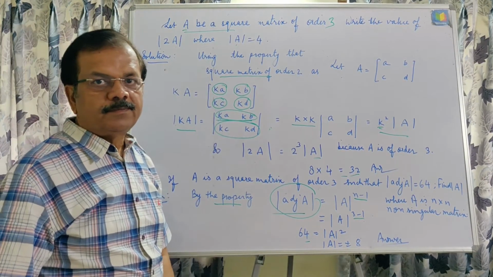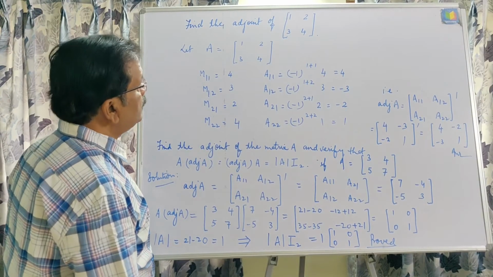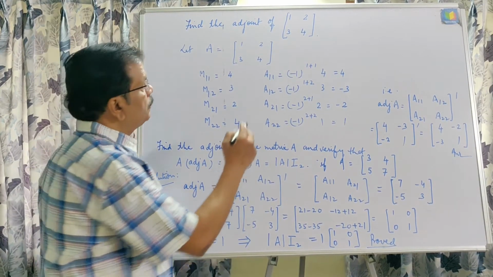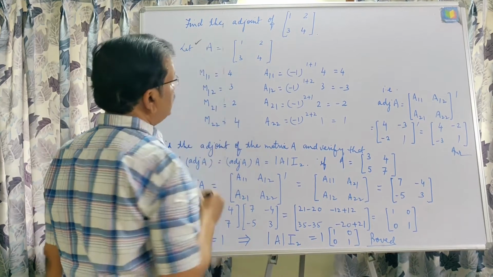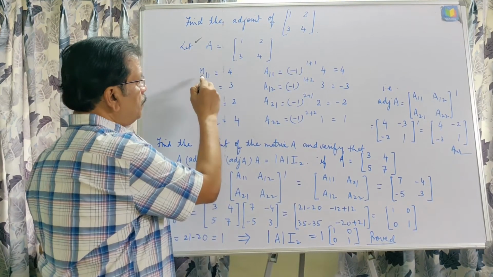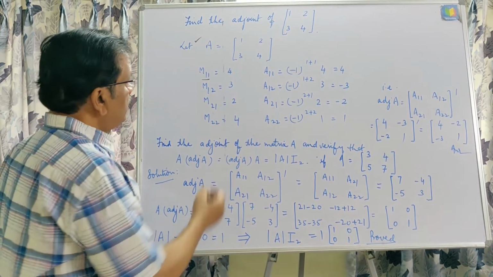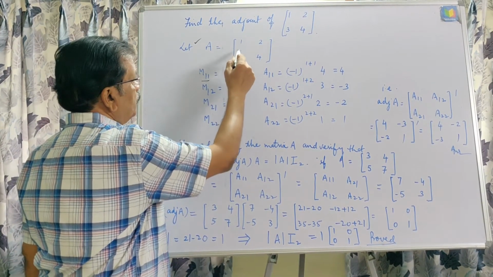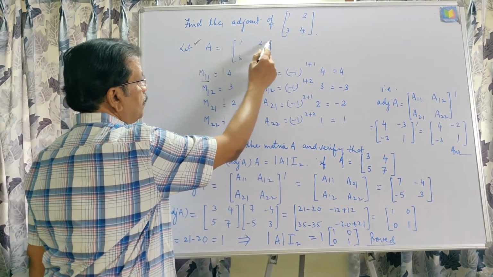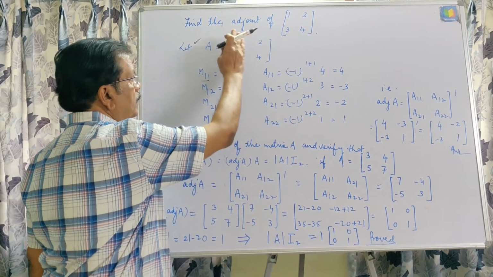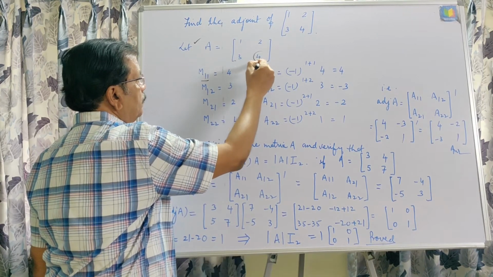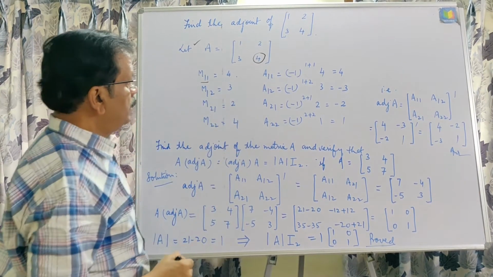Now the next question. In this question, find the adjoint of [1, 2; 3, 4]. We are given this matrix. First of all, in this question we will find the minors separately. This is M11, meaning first row, first column will be hidden. What is left? 4. This is the minor.